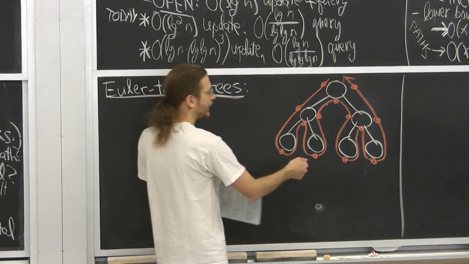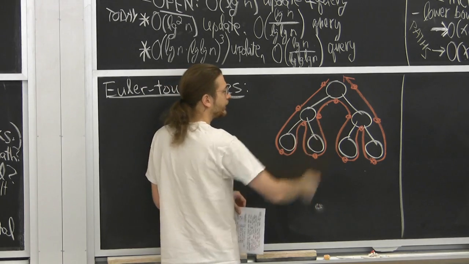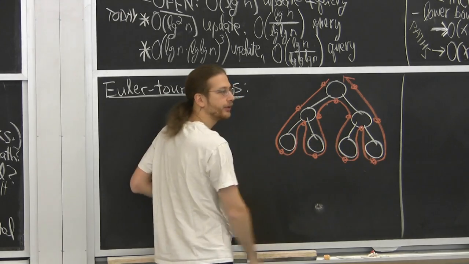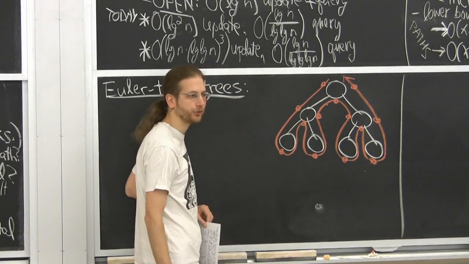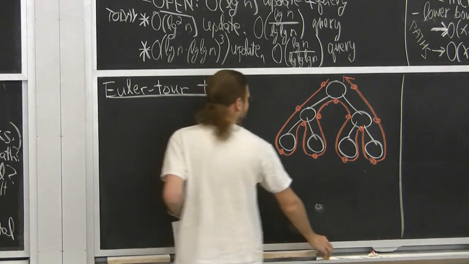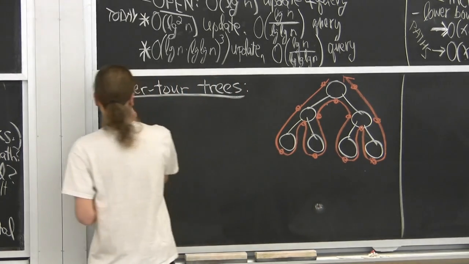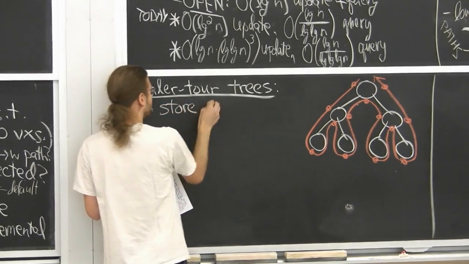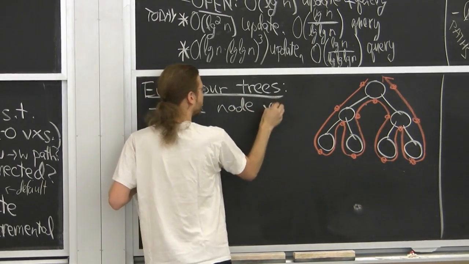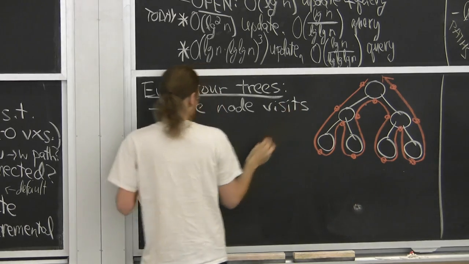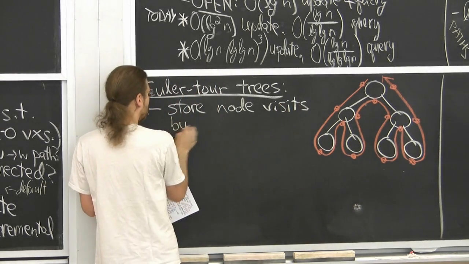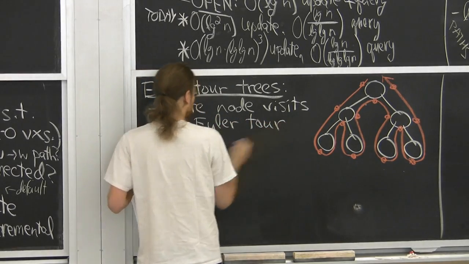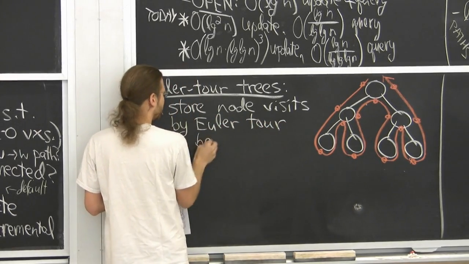I just want to take that linear order of visits, pull it out straight, and store that in a balanced binary search tree. That's Euler tour trees. They're very simple. So store the node visits by the Euler tour in a balanced binary search tree.